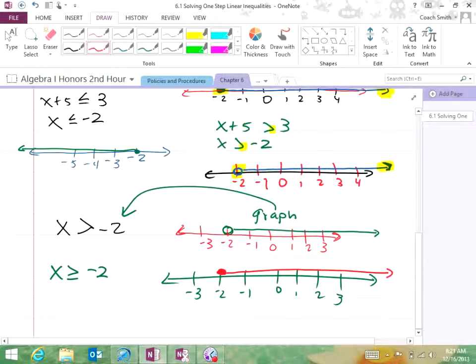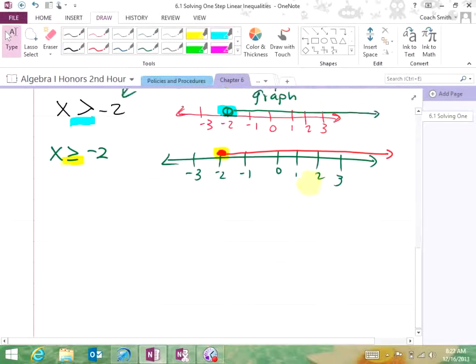It's still to the right. Once again, the difference is that right there. Since it has that, you've got to color the dot in. Since there was nothing here, that's why we didn't color the dot in there. So that's how you graph that inequality.